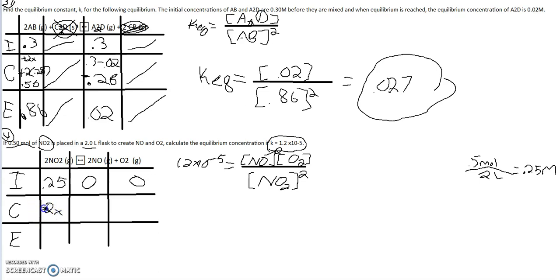Make that darker. And you say minus because this is going to turn into a product. So whatever concentration you had is going to get subtracted and go over there. And you know that it's a 2 because of this coefficient there. So logically, again, if we're turning that into products and there's a coefficient of 2 right here, you're going to say, okay, well, plus 2x here.